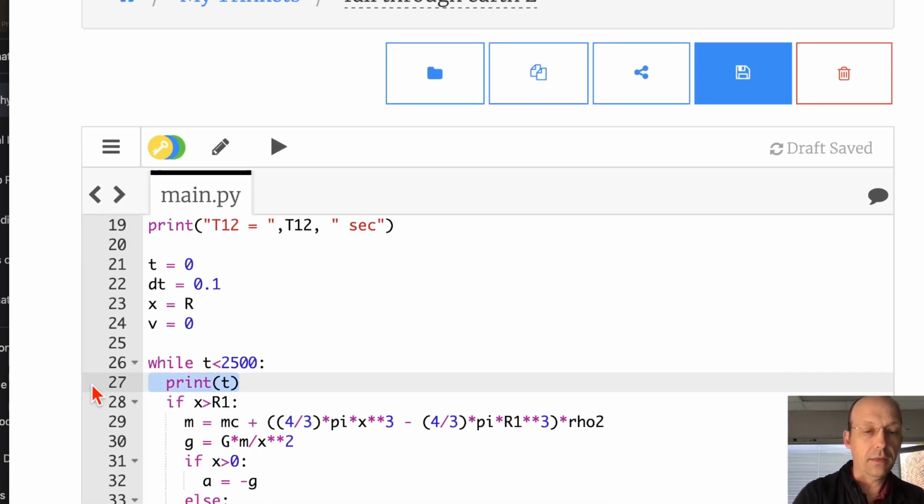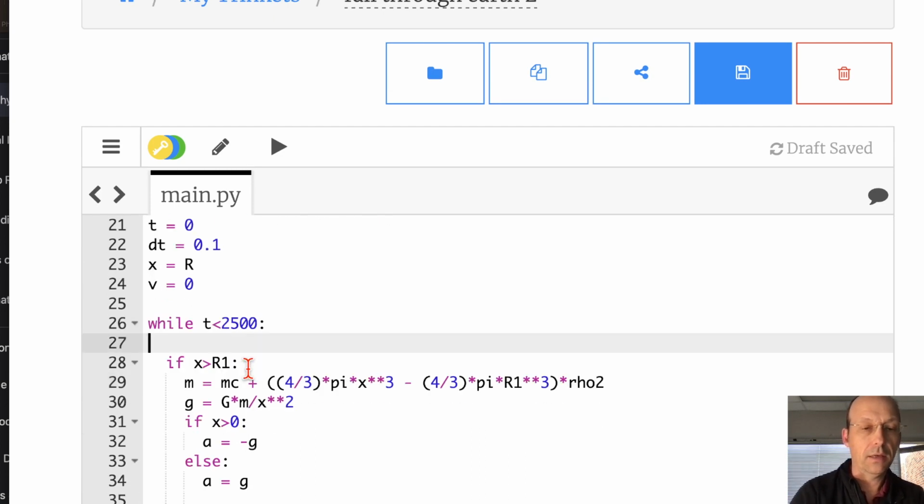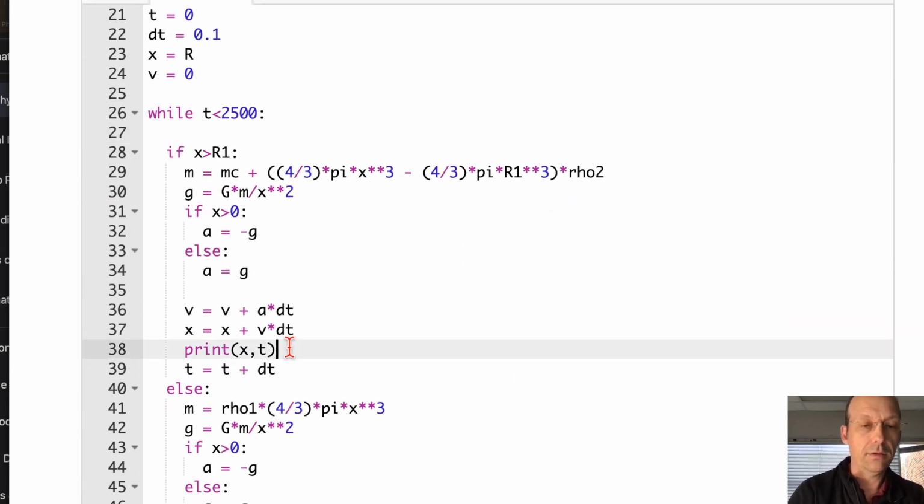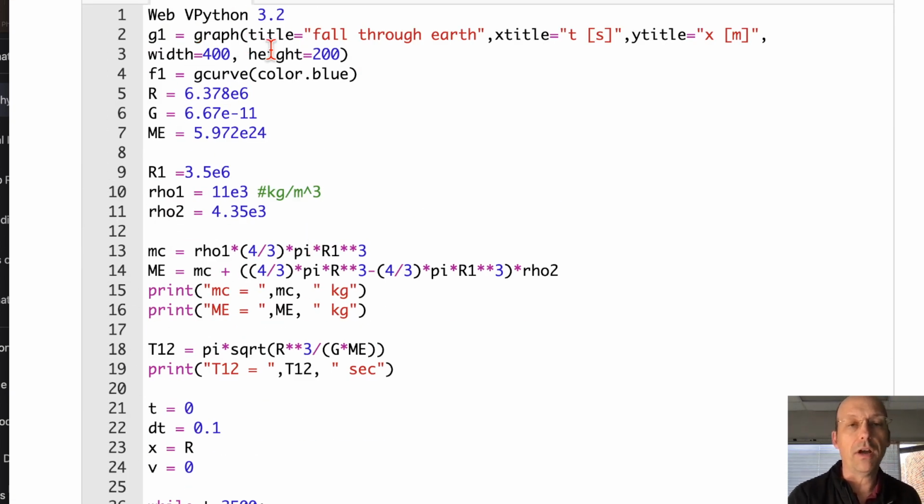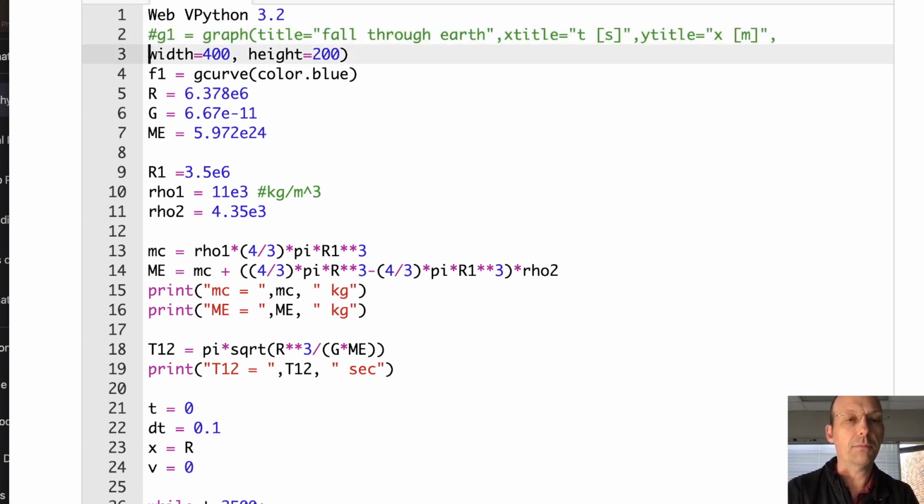Let's get rid of that. Graph G1 graph title, X title. Equals, that's right. Title, X title, Y title. Let's just comment out these two things and see if that, I feel like that's a problem.